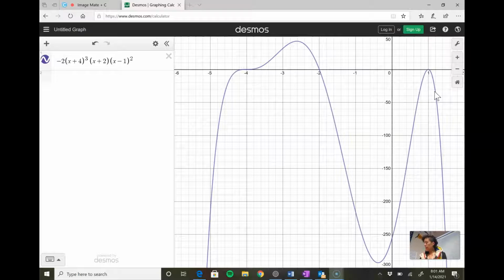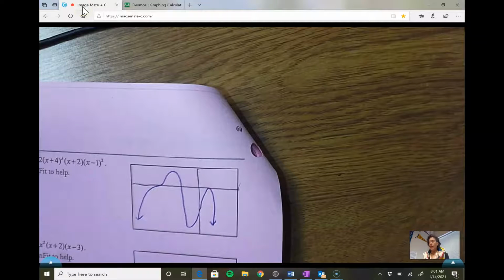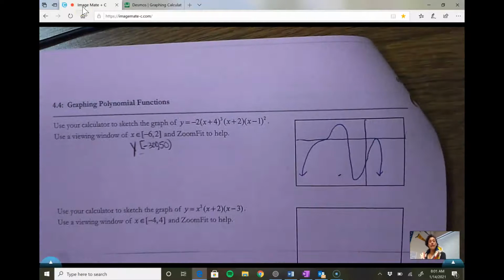If I were to solve this problem, I'm going to switch back to the notes. The nice thing about this one is that it's already in factored form.